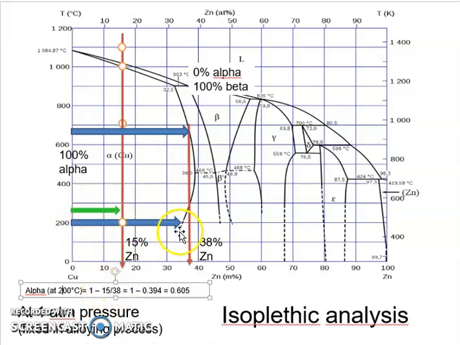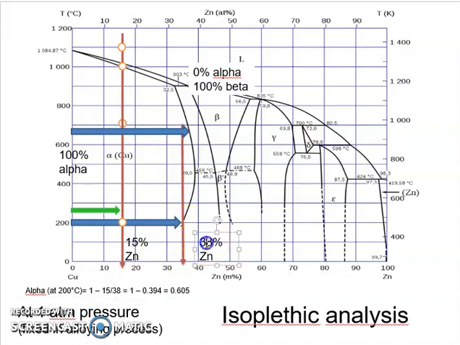So again, we have 15, but now we have another value. What's the new value? If I move the arrow here at 200 Celsius, I think it is 35% of zinc. So I change the answer here to 35, and this gives me a division. I am using my calculator to solve this.